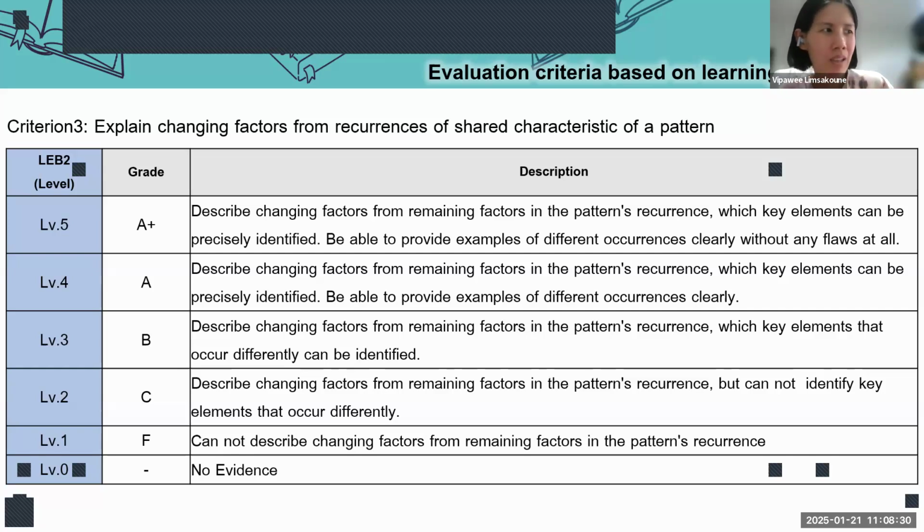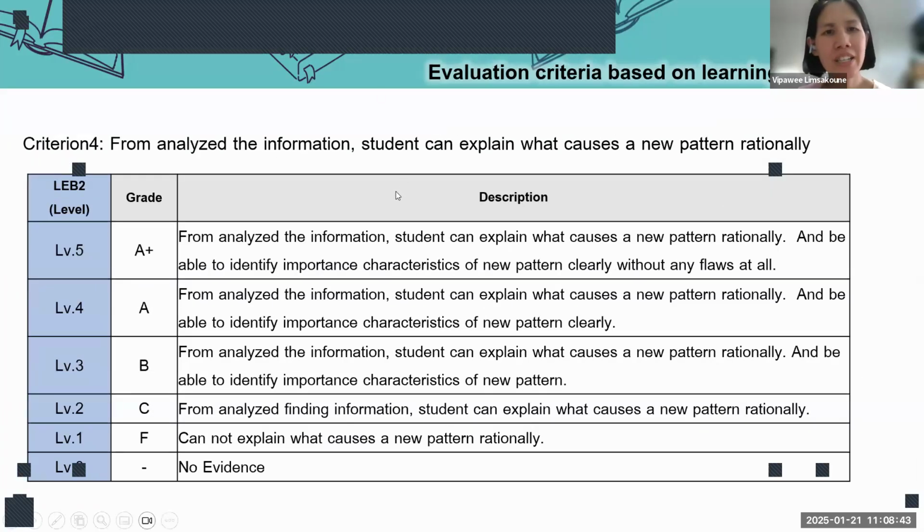We might develop the seating to hang with the animal, for example. This is the part of the changing factor within the same pattern. The fourth criterion is about whether you explain rationally what caused a new pattern.